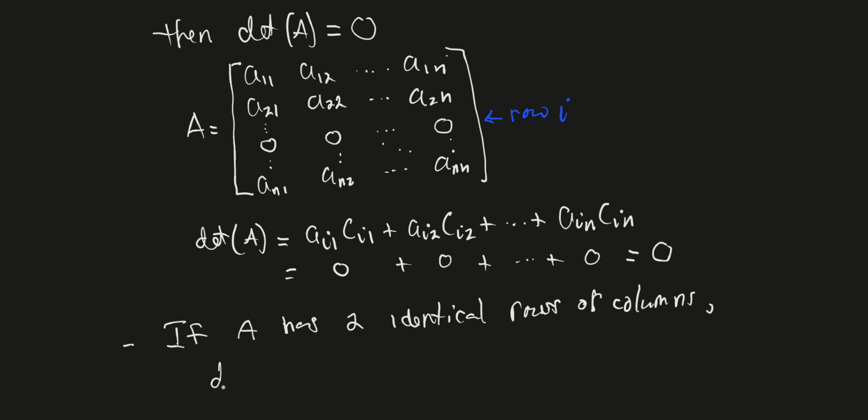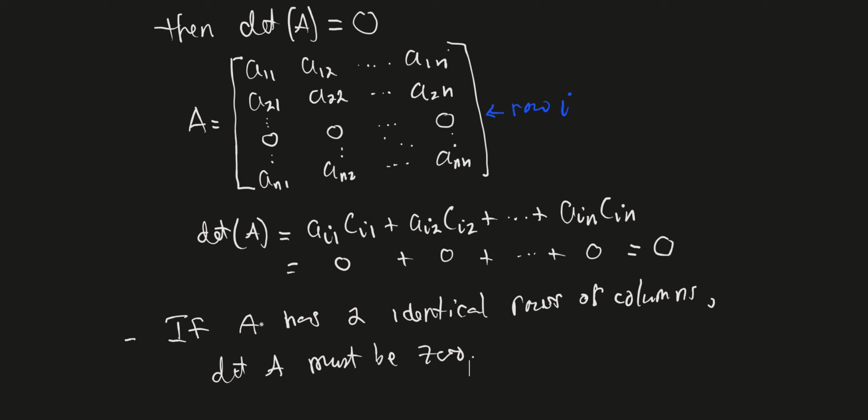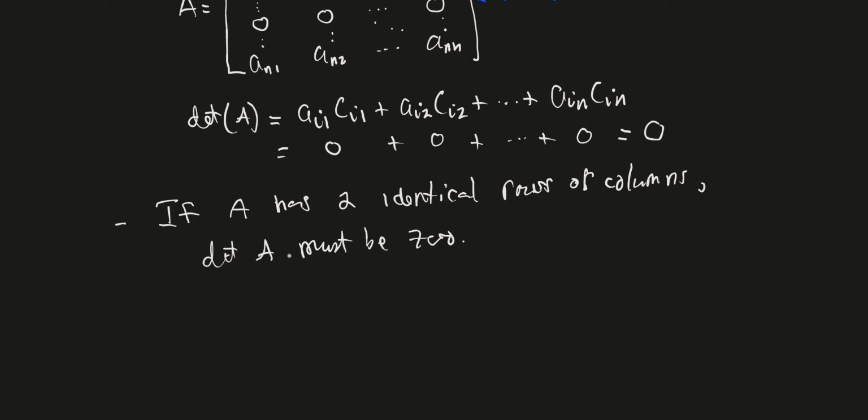So the determinant of A must be 0, all right? Well, let's see what that looks like in the 2 by 2 case, and then you'll see why it has to be, right?